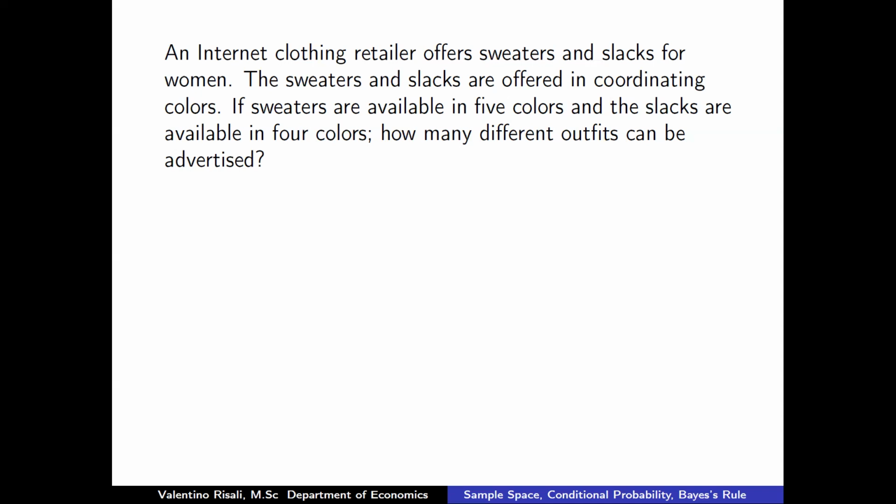Who can answer this question? 20, sir. 20, yes, right, Owen, because the first thing is choosing the color of the sweater, and there are 5. And then for the slacks, there are 4. So from the multiplication principle, we can get 20 different outfits.